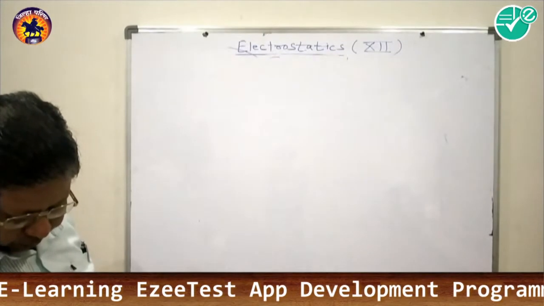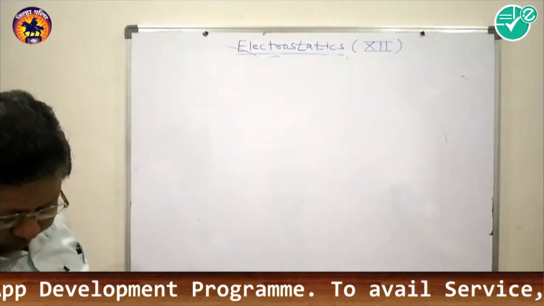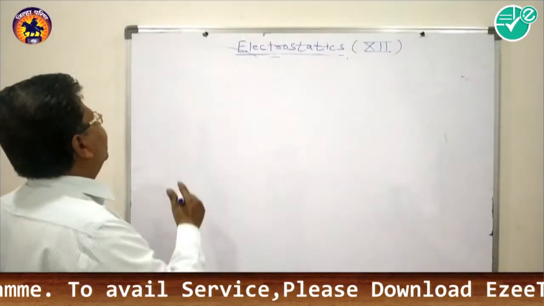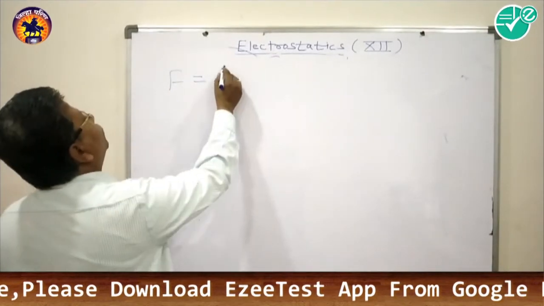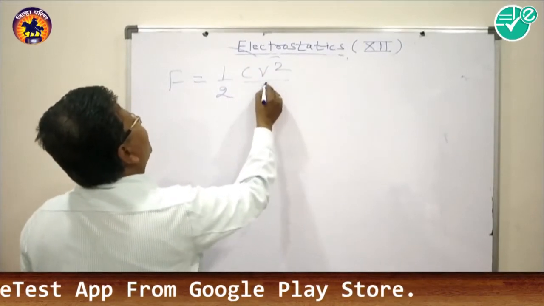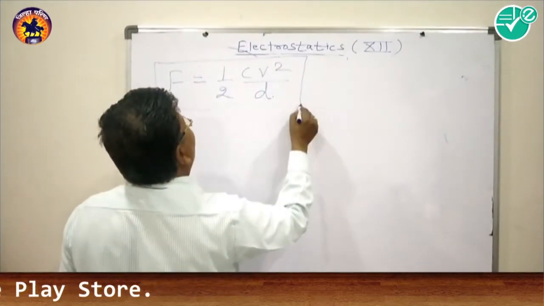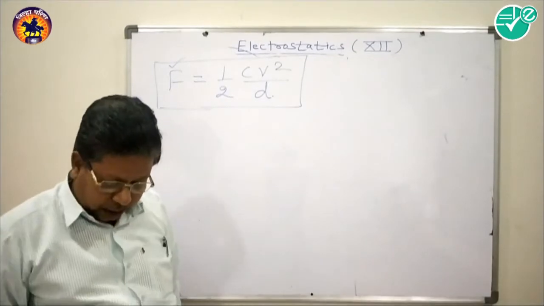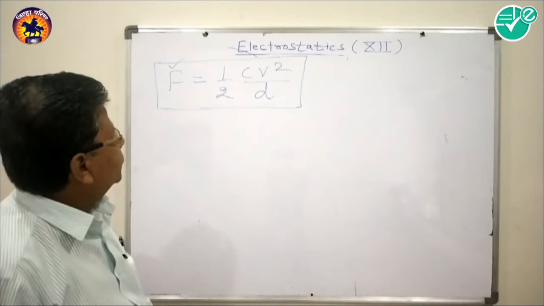The force between the two plates can also be given by the formula F is equal to 1 by 2 C V square divided by D. So this is also one of the formulas for force between the two plates of the parallel plate capacitor.